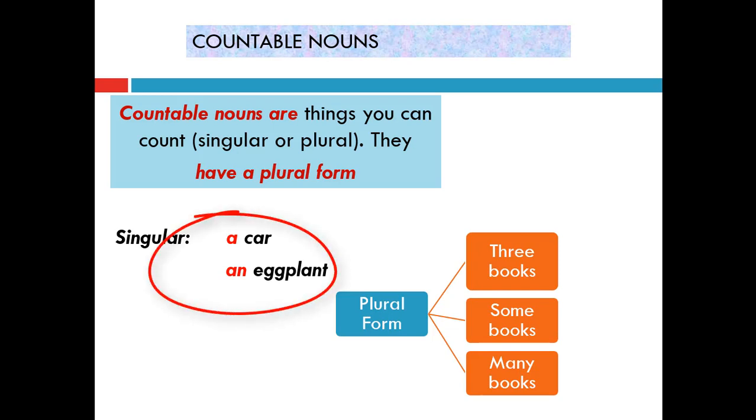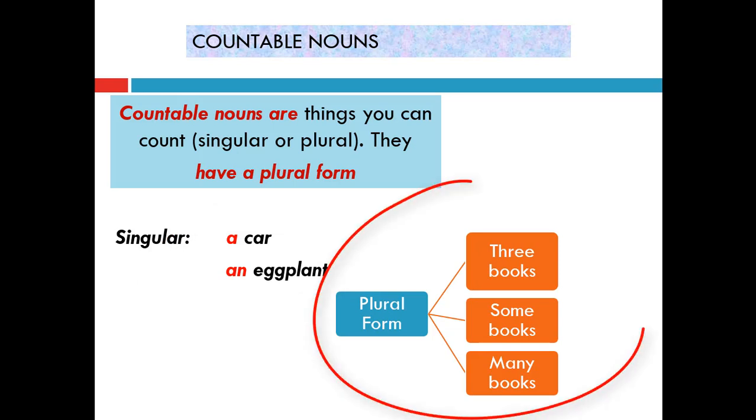You use a whenever you have a noun with a consonant sound, but with a vowel sound like eggplant, you say an eggplant, right? On the other side, countable nouns can be plural. Whenever they are plural, then you put s at the end of the word, like three books, some books, many books.